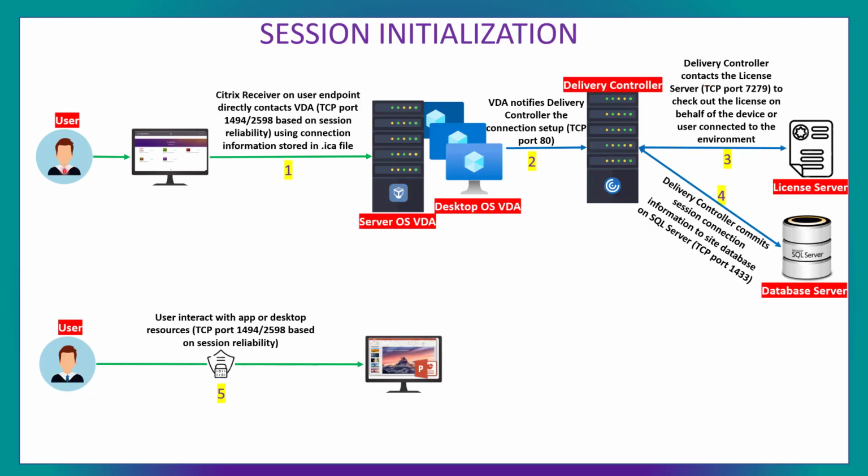What happens next is that when the user receives the ICA file, they can launch the session, and that session is going to be established on port 1494 and port 2598. 1494 is for the ICA protocol, 2598 is for session reliability.